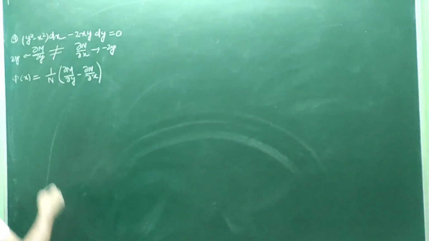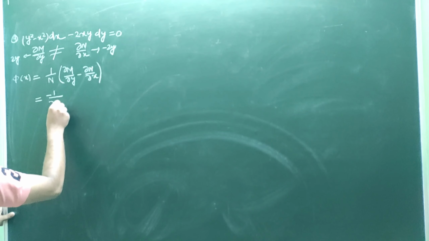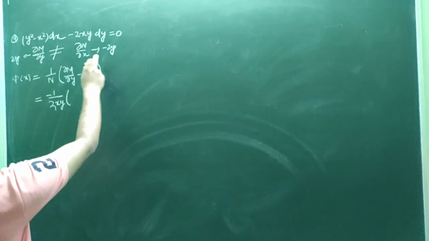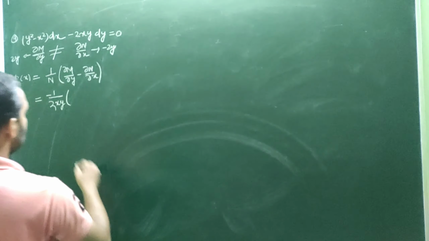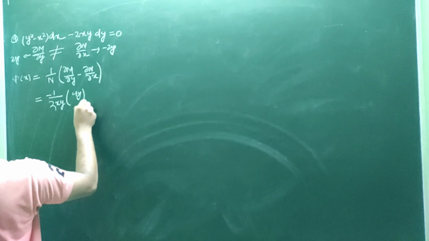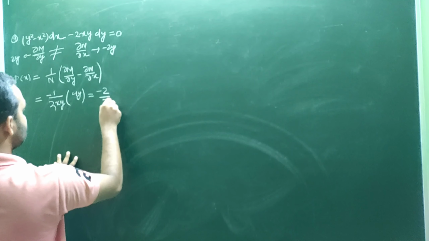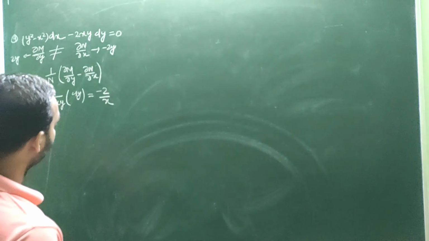This is step 1. Then what we got here: minus 1 by 2xy into, this is 2y, this is minus 2y, so 2y minus of minus 2y, you will get 4y. You will get minus 2 by x. This is step 1 to find the function of x by this method.